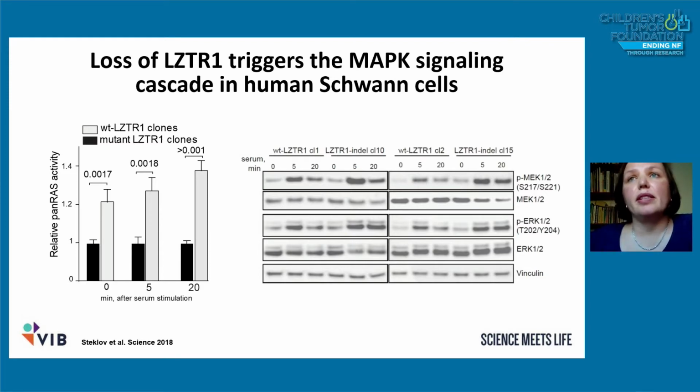By the way, in this assay, we did not observe an increase of phospho-AKT. So altogether, this suggests that loss of LZTR1 expression can promote dedifferentiation of Schwann cells and can trigger their growth due to dysregulation of RAS ubiquitination and increased RAS signaling pathway.